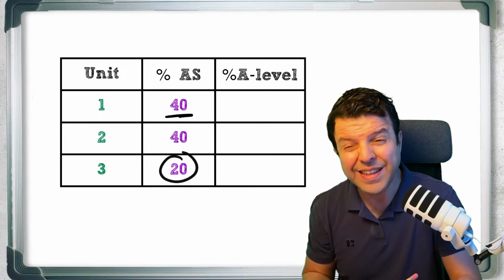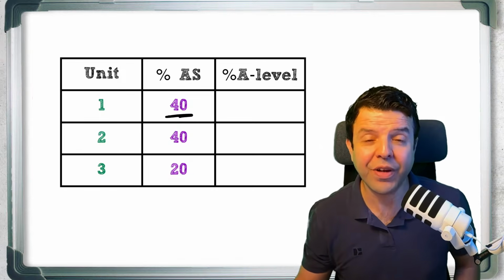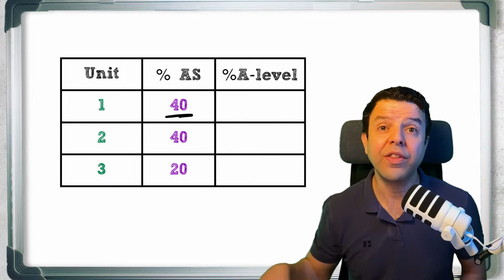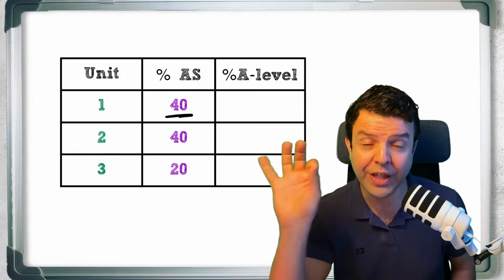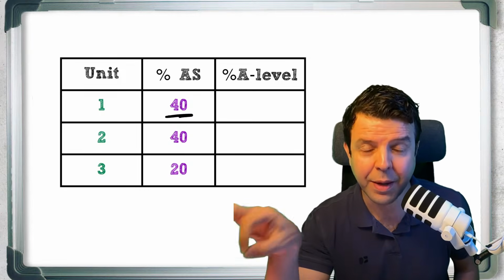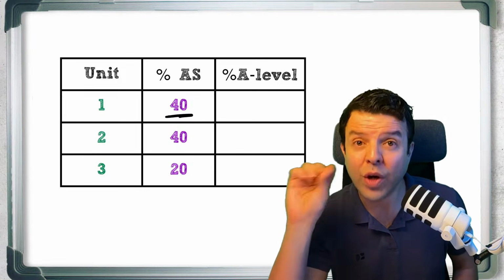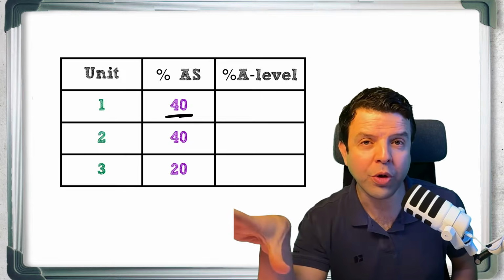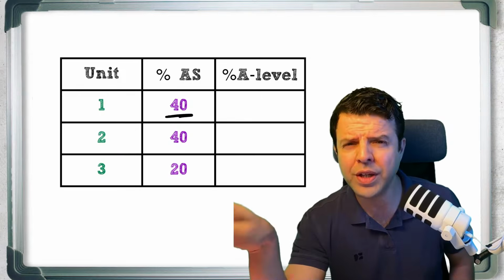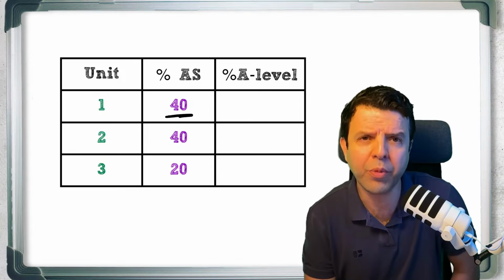This 20% you're going to realize is the hardest. Unit 3 is the one that requires a lot and a lot of solving. You literally need to solve every single exam paper, because questions are the most unpredictable among all units. It's usually Unit 3 and Unit 6 that are very unpredictable.